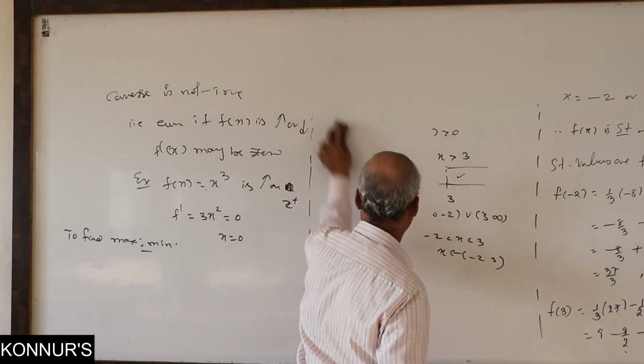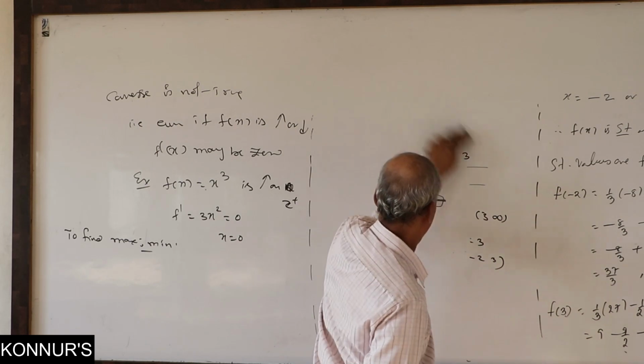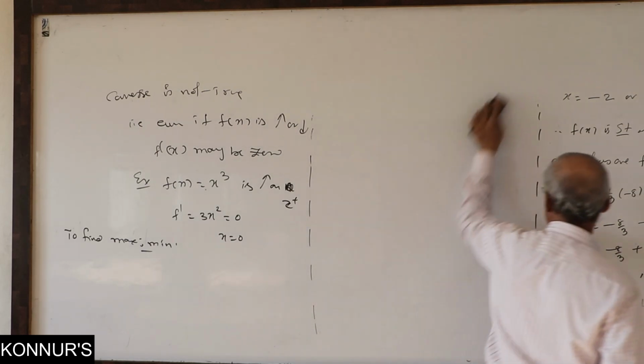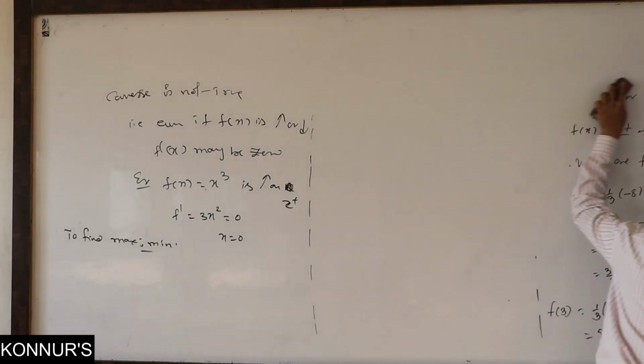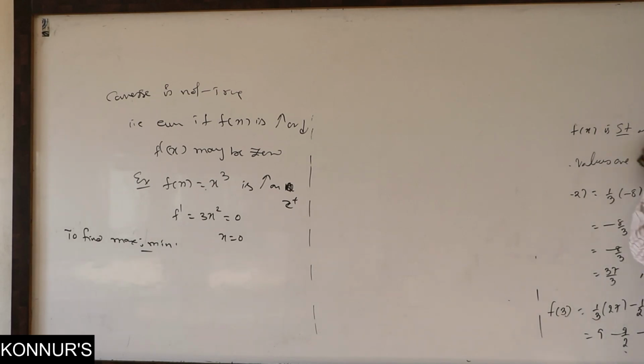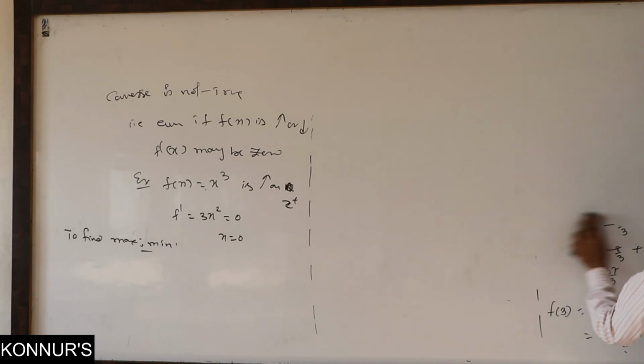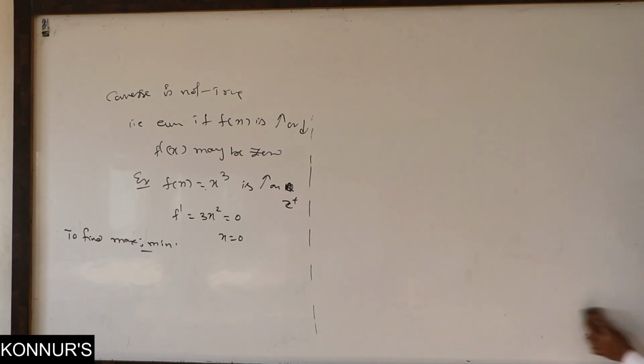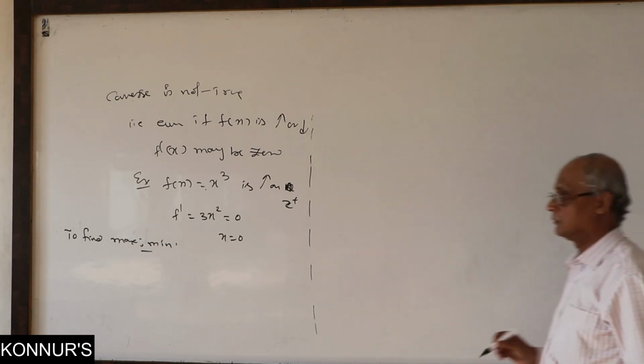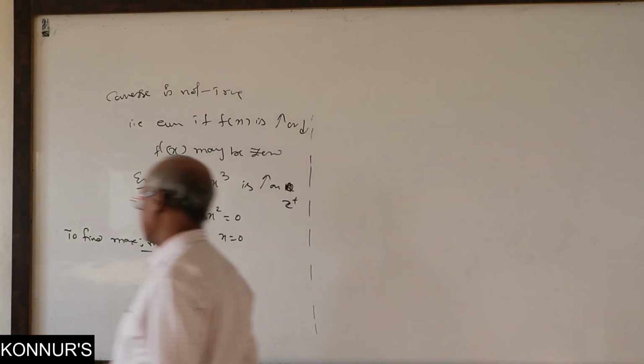F of x is a given function. Consider that given function. First find stationary, that means f dash 0. F dash x 0, you will get the x value. So here I am writing the first step.